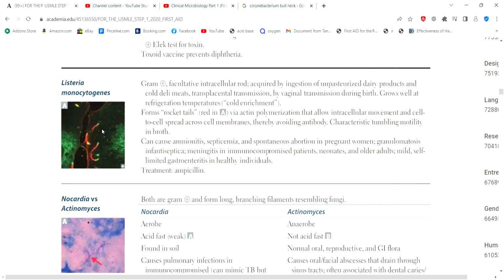In pregnant women who are Listeria positive or immunocompromised people, give ampicillin. Listeria causes meningitis in adults over 60, so give vancomycin, ceftriaxone, and ampicillin. So that is the treatment for meningitis in people over 60. In pregnant women, just give ampicillin.